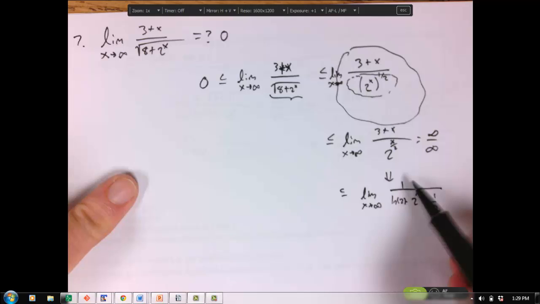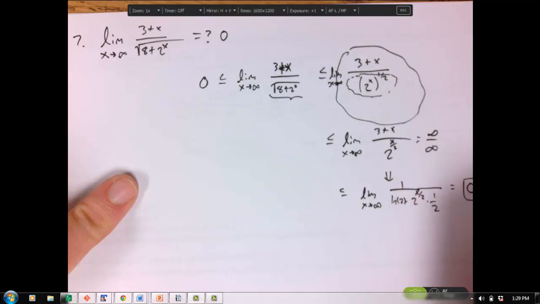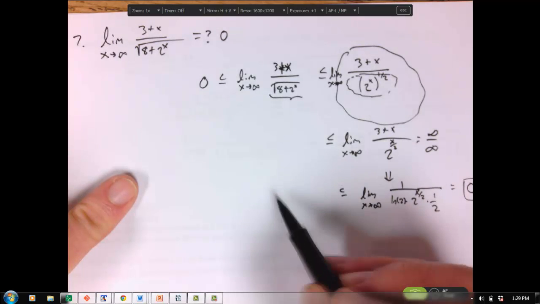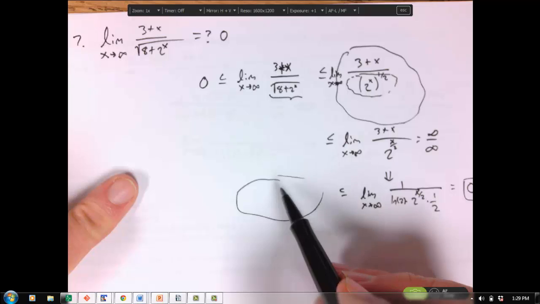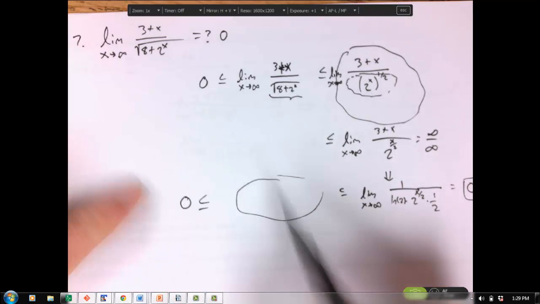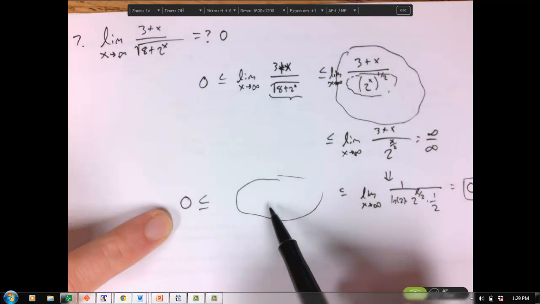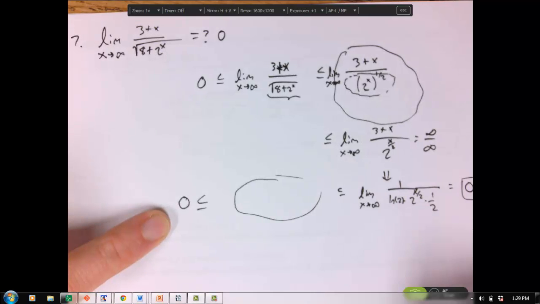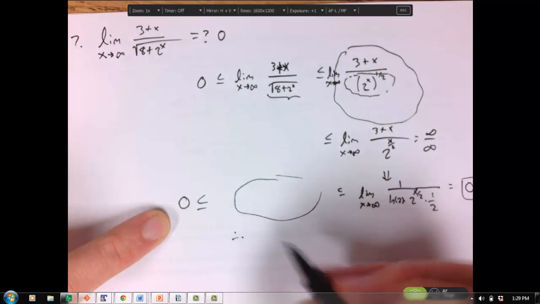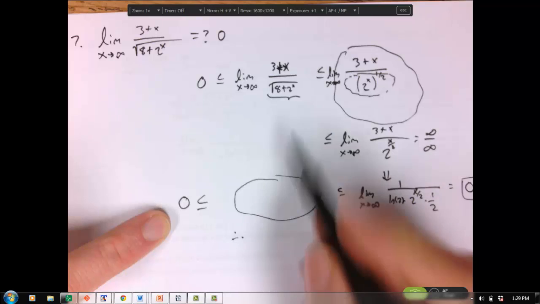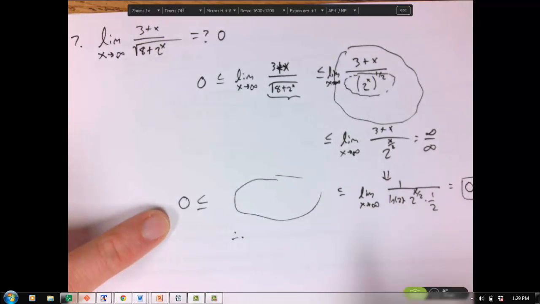And we're done. On the top, I have a constant. On the bottom, I clearly have an increasing function, so it approaches 0. And because I know my original limit was greater than or equal to 0 and less than or equal to this limit, which is also 0, therefore, by the sandwich theorem, I have determined what this limit is.